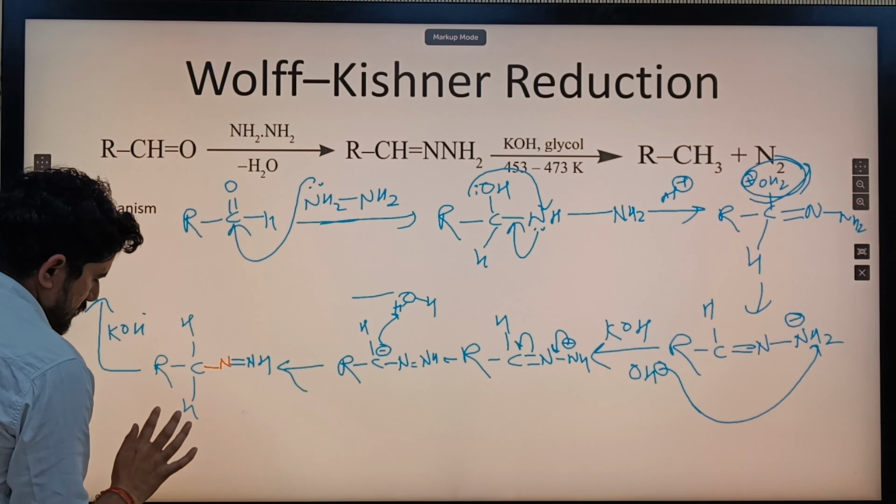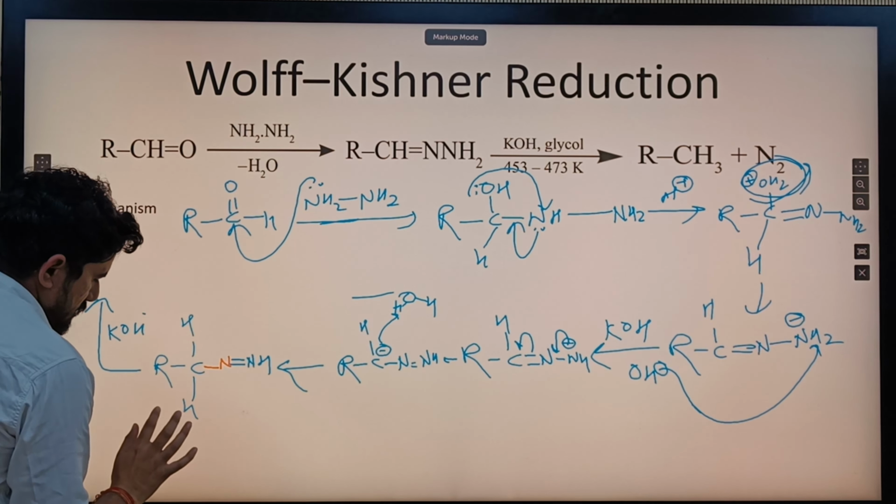The H2O is used as a workup in the reaction. So let's see what is the mechanism behind this. We have an aldehyde, CH3, in presence of base OH negative.